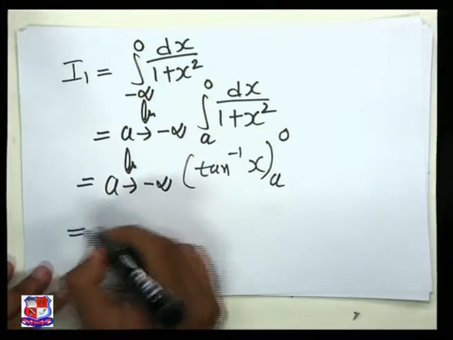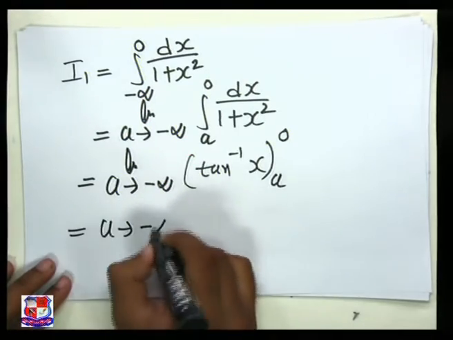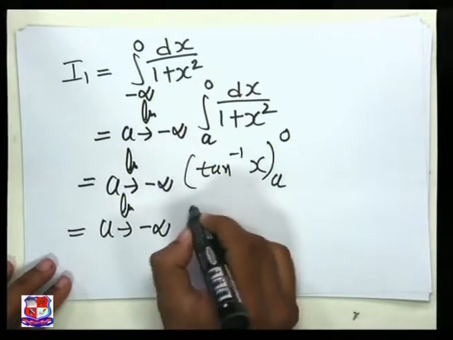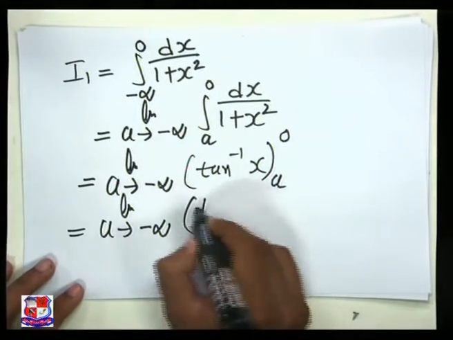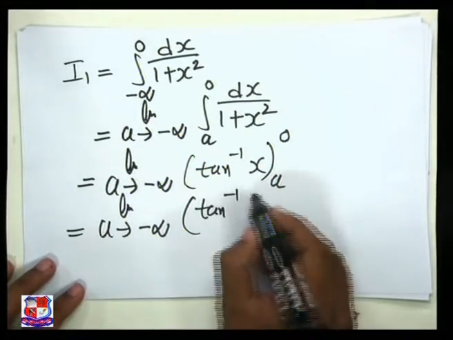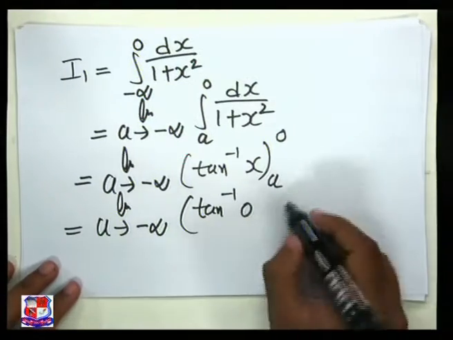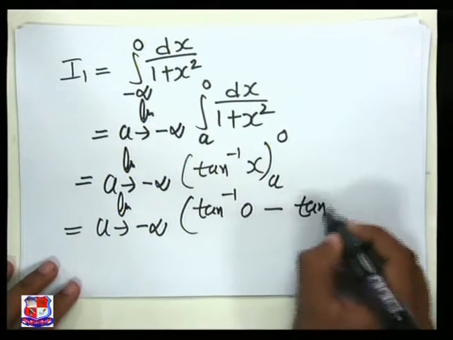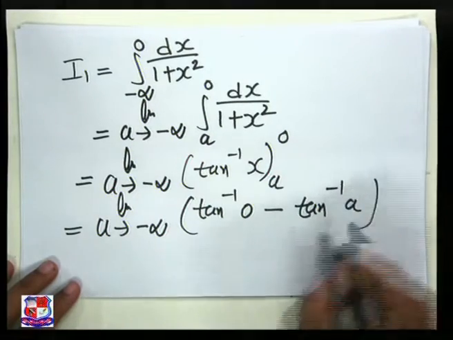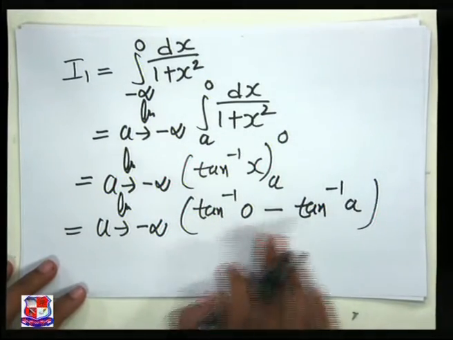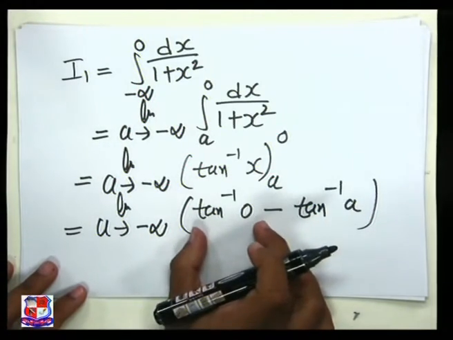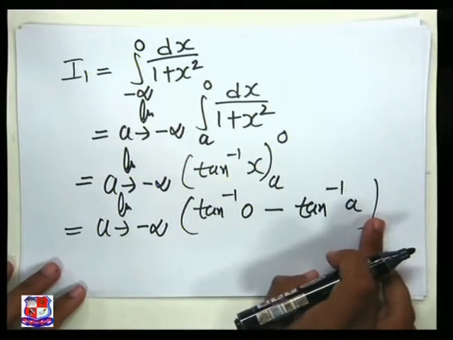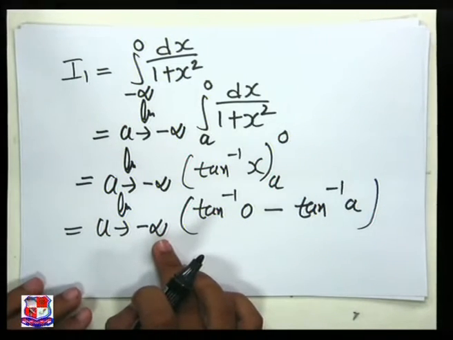So this equals the limit as a tends to minus infinity of tan inverse 0 minus tan inverse a, right? Now tan inverse 0 is 0, so this part is 0. Tan inverse a, where a tends to minus infinity.